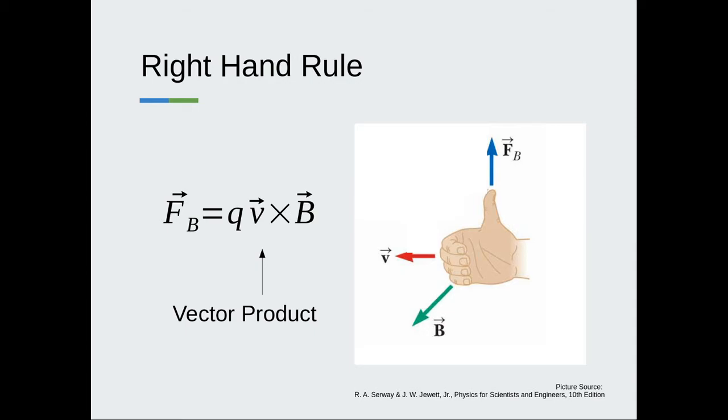So we can apply the right-hand rule to the force, to the velocity, and to the magnetic field too. So the outer product is the velocity and the magnetic field, which is with your four fingers, and the direction of the force is just with the direction of your thumb.